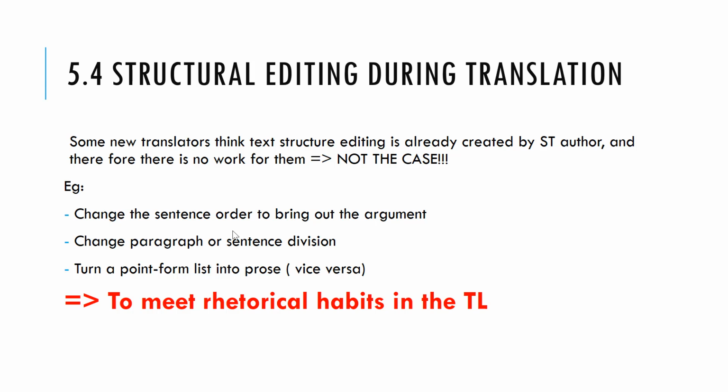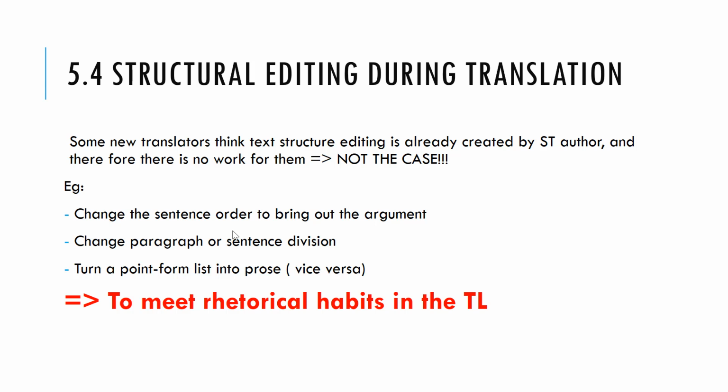However, it is not the case. During translation, you may sometimes find that you need to make structural adjustments, like changing the order of sentences, maybe to bring out the arguments, or changing the paragraph or sentence divisions, or turning a list into consecutive prose or vice versa. So a lot of changes for the structure, right?